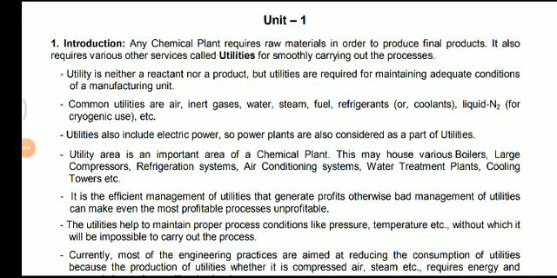First, introduction. Any chemical plant requires raw material in order to produce a final product. It also requires various other services, called utilities, for smoothly carrying out the processes.